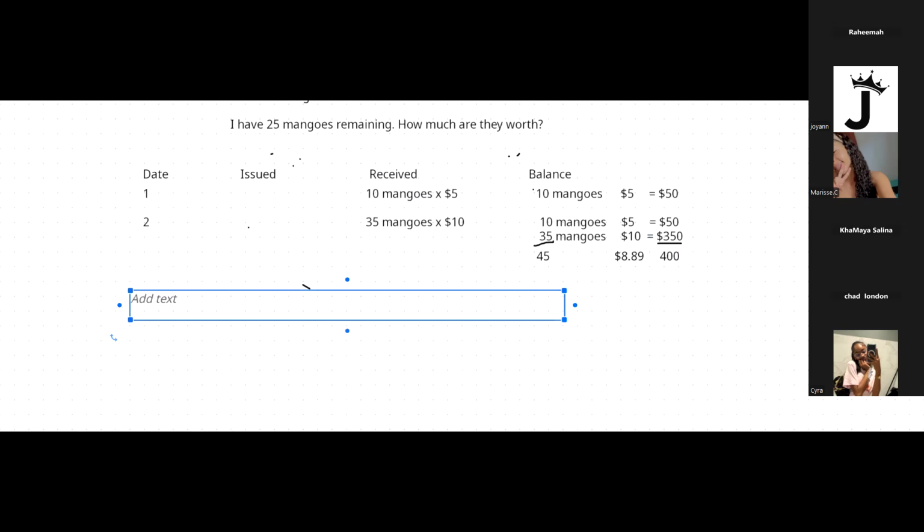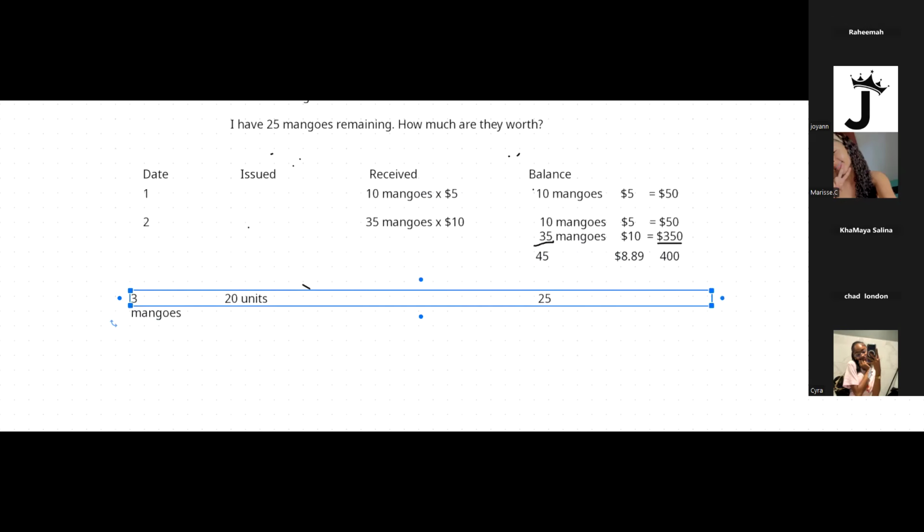The value of those 25 mangoes would be at the $8.89. That's how you value it using AVCO. 25 mangoes at $8.89 would be $222.25.